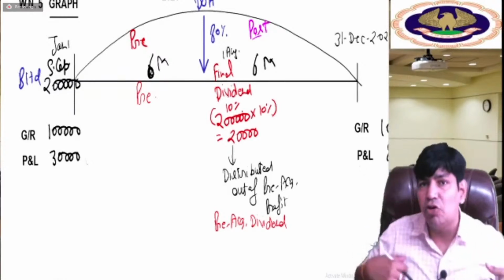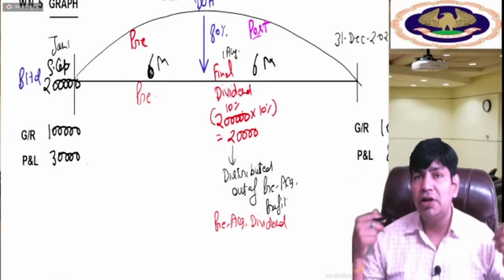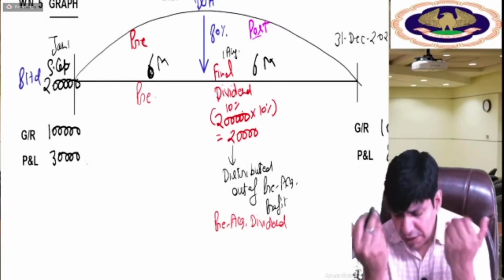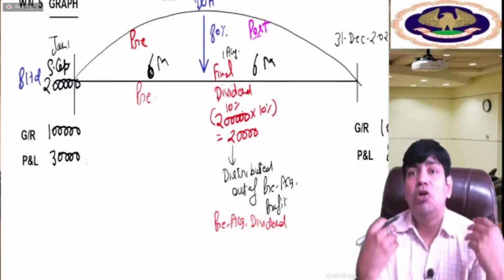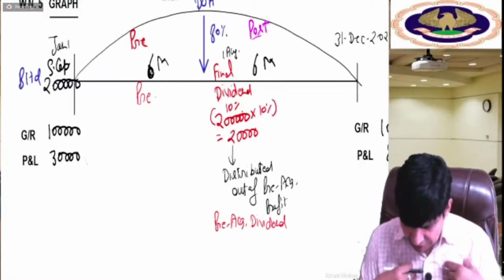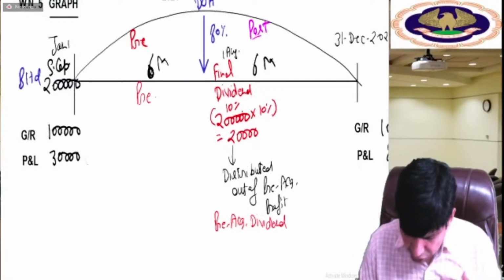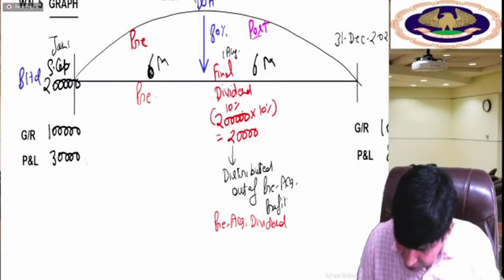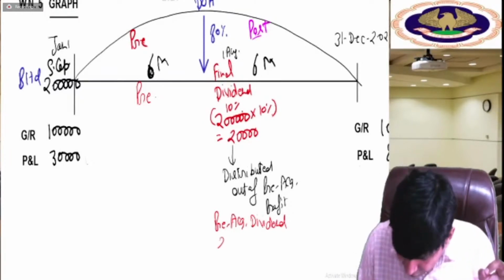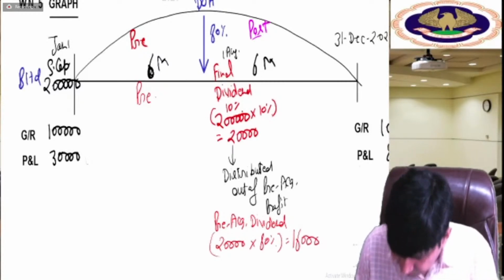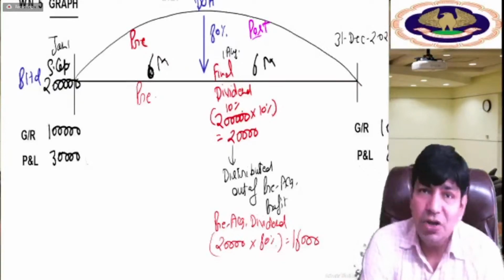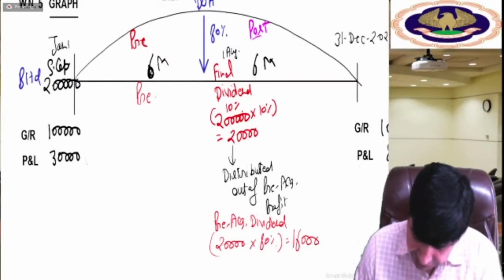If the subsidiary is giving totally 20,000, the shareholders take this dividend. But out of such shareholders, 80% are from our side. That is, we are the 80% shareholder. That means out of 20,000, 80% dividend will be ours, that is 16,000. So we shall do the treatment in this manner.